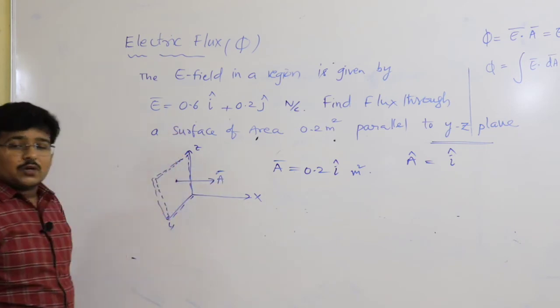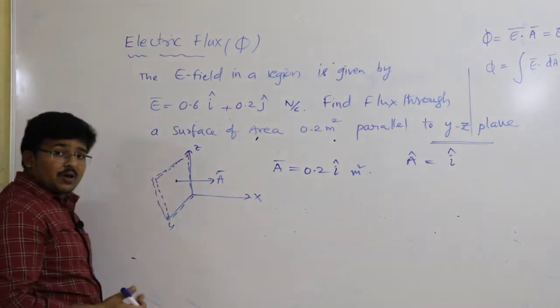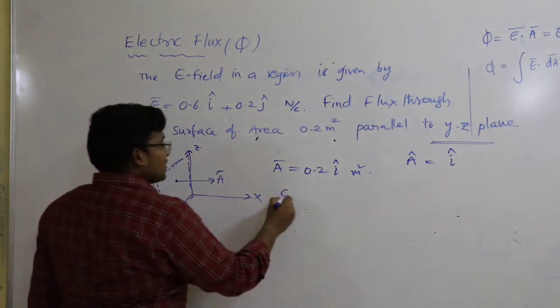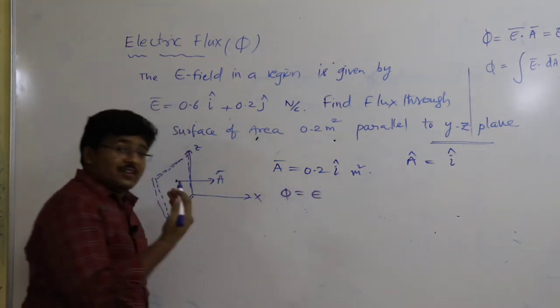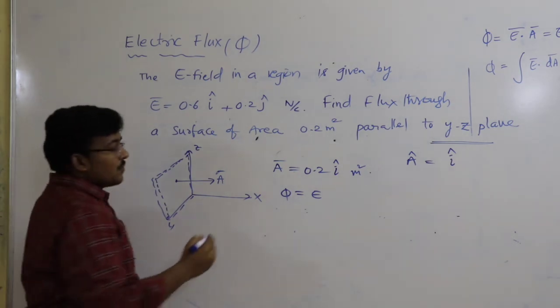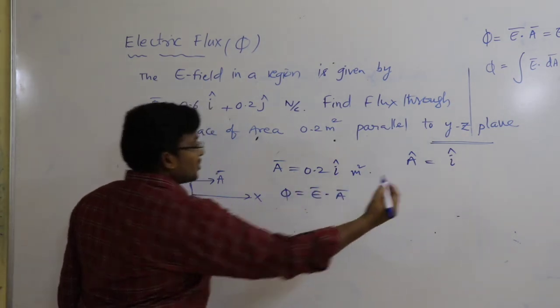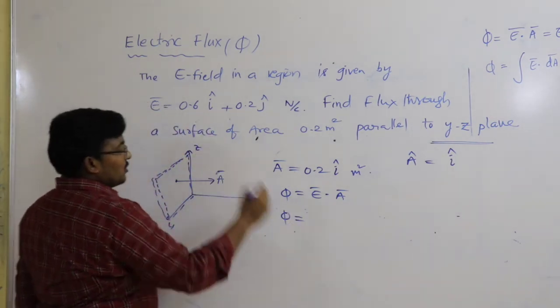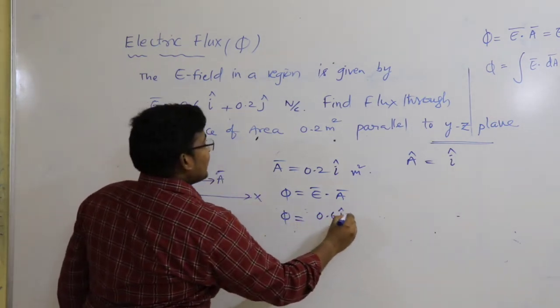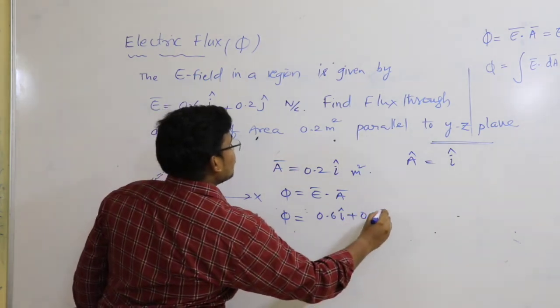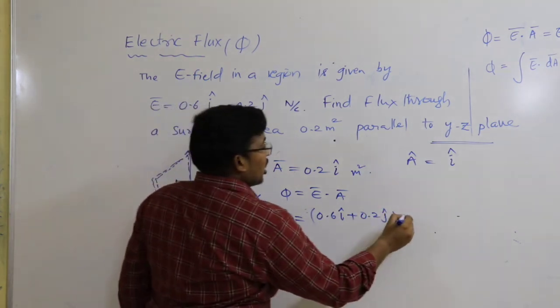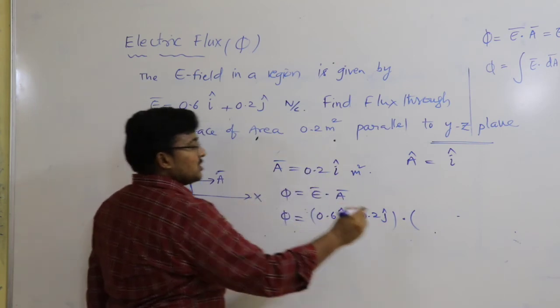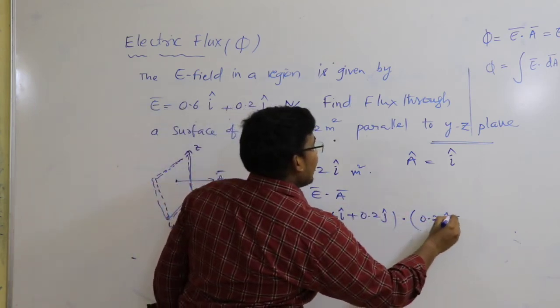Now it is easy to find the flux because you have E bar and you have A bar. Flux is equal to, when given in vector form, the electric field dot product with area. So flux is equal to 0.6 I cap plus 0.2 J cap dot product with the area 0.2 I cap.